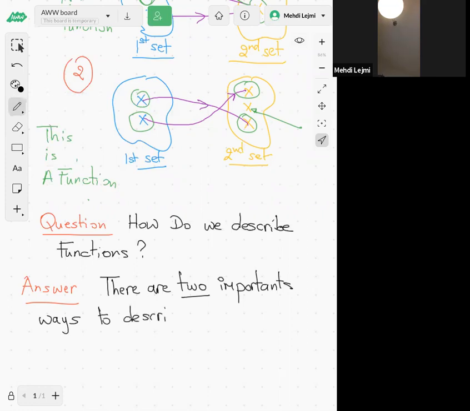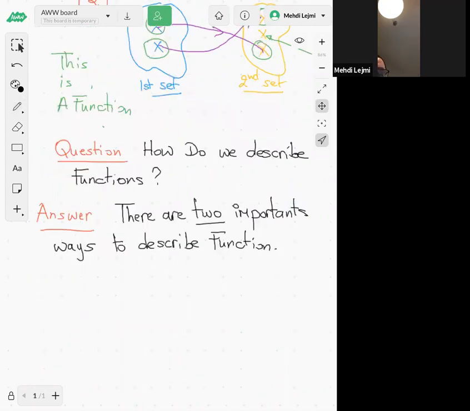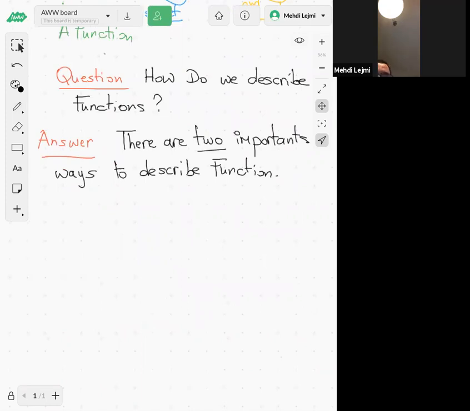All right, so the first way we're gonna discuss is using algebraic equations.